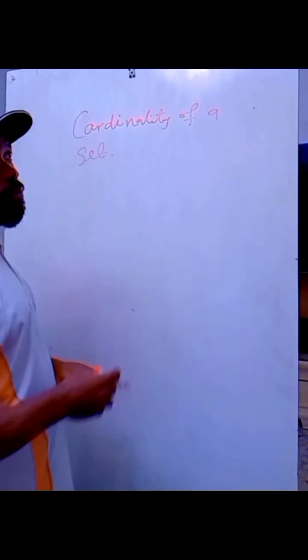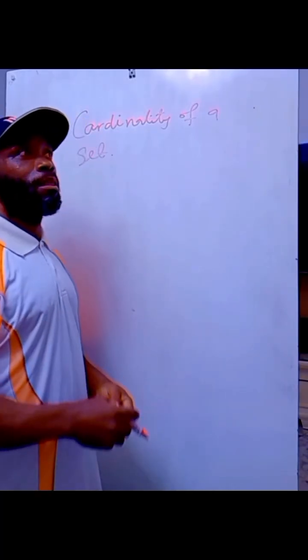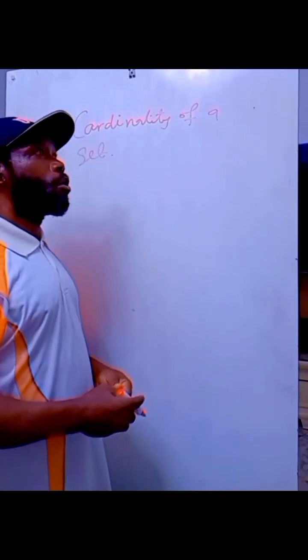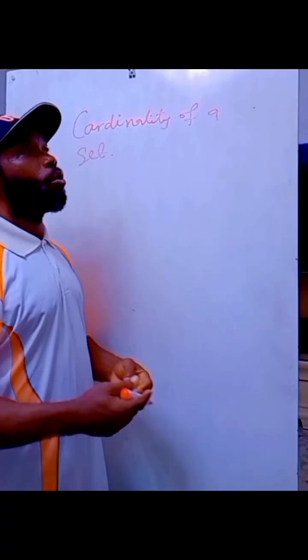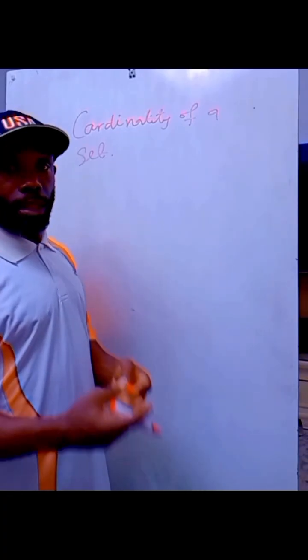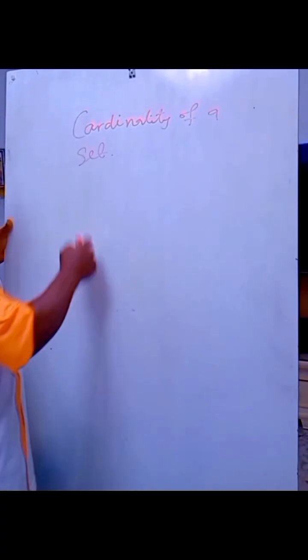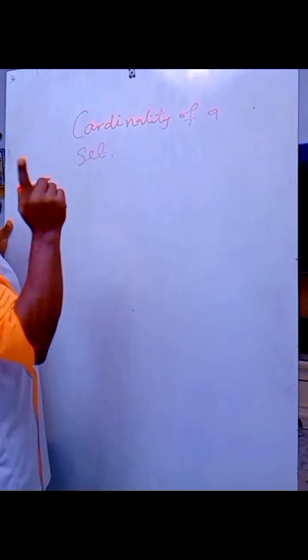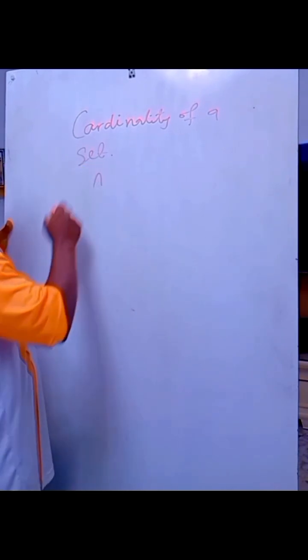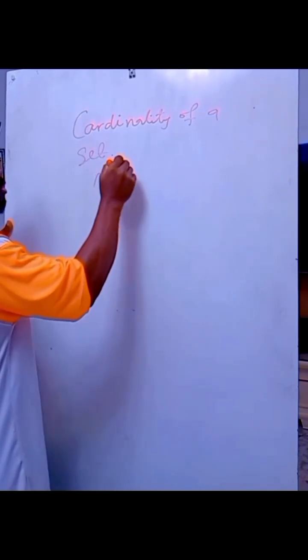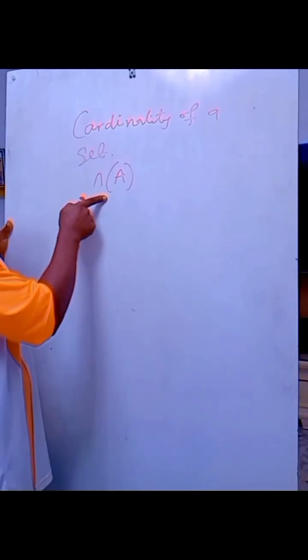The cardinality of a set is the length of a set, or the size of a set, or the number of elements in a set. In notation, if the set is A, this is the notation for the cardinality of a set.